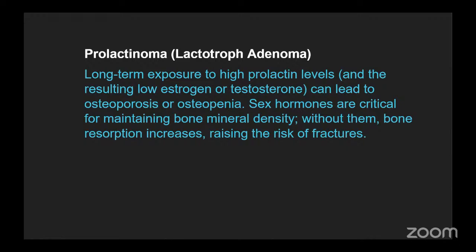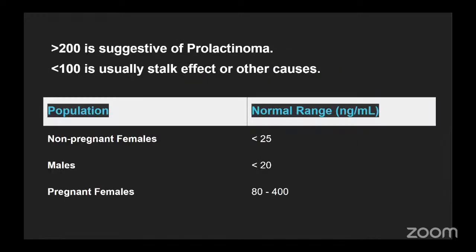Because in menopause, women do not have enough estrogen, so they end up having estrogen-deprived osteoporosis or osteopenia. It's the same thing that happens to patients with prolactinoma. They end up getting osteoporosis or osteopenia because these hormones are critical for maintaining bone mineral density. Are you all with me till here?